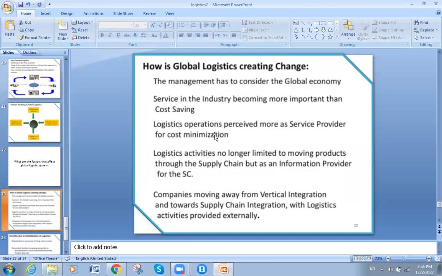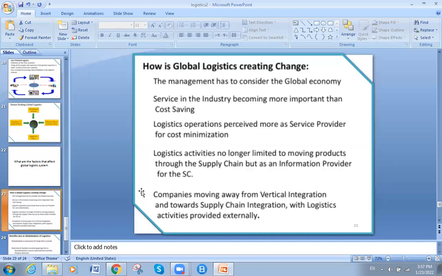So logistic operations are seen more as service providers than for cost minimization. Yes, cost minimizing is a very important objective, goal, and task for any company, but still we have other things. What can every company afford?